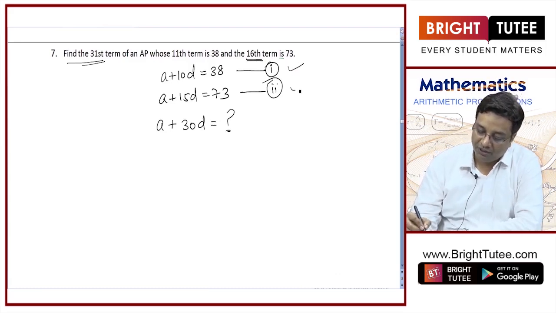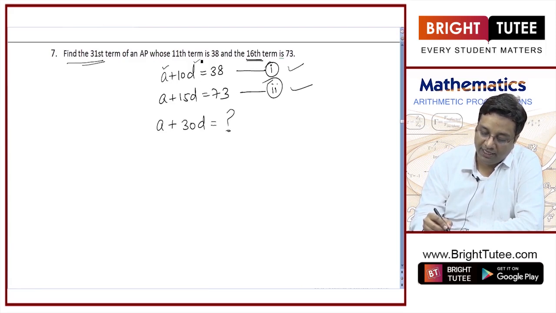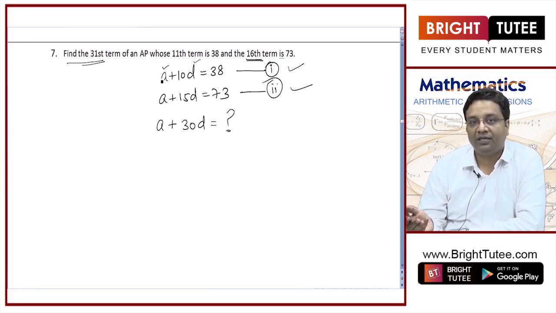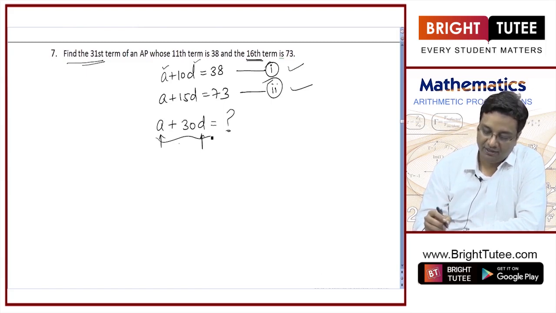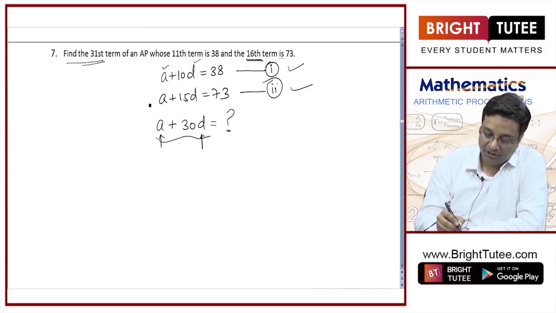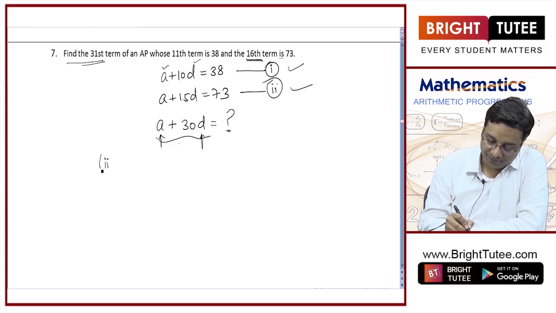So we have got two equations and we have got two unknowns, A and D. If I obtain the values of A and D from equation 1 and 2, I can simply put the value of A and D here and get my answer, right? So let's solve these two equations. If I subtract second minus 1, what will be there on the left hand side?